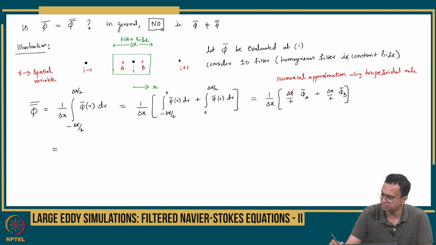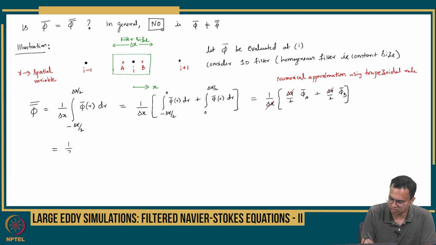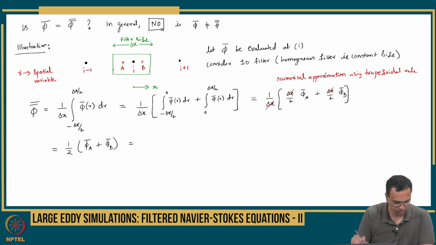So the delta x gets cancelled, and this becomes half of phi A bar plus phi B bar. Phi A bar, the filtered quantity at A, using linear interpolation, is 1/4 of phi I minus 1 bar plus 3/4 of phi I bar.